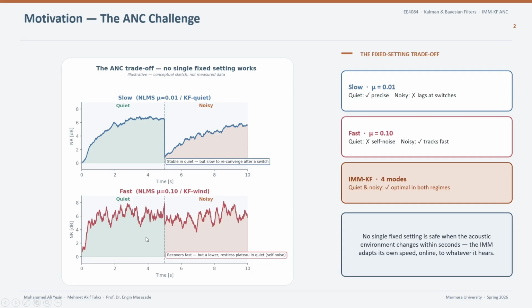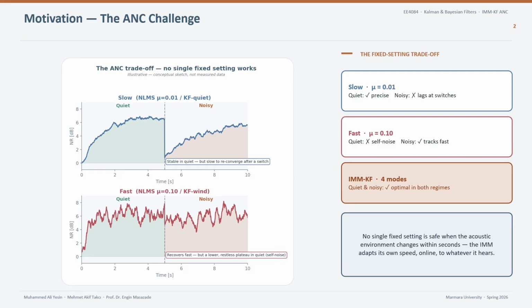The bottom one is a fast filter. It recovers from the change almost instantly, but in the quiet stretch, it's restless. It keeps injecting its own noise. So we are stuck. Slow is good in quiet, bad at transitions. Fast is the opposite.